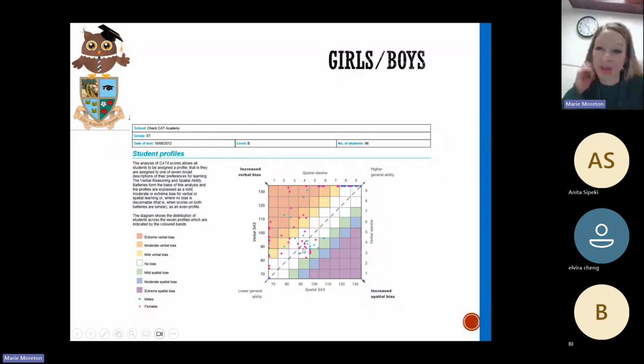But children don't work that way, so they have natural strengths in some areas and weaknesses in others, and so children who have a verbal bias would be here, and children who have a spatial bias would be here. And it just basically shows the teachers, we have a cohort that tend to be more verbally biased, therefore some of our explanations and the way that we help our children to practice and assimilate information should be verbally based.